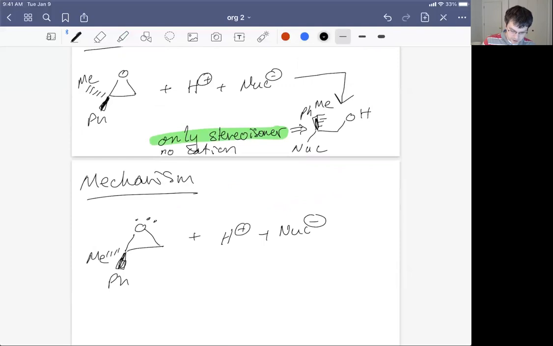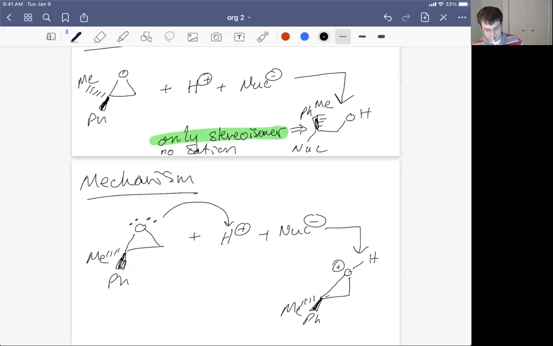Now the oxygen is going to add to the hydrogen to give us our protonated epoxide. I can draw it with a little bit of distortion. The right triangle will exaggerate, so it's not a little bit, it's a lot of distortion. So the right triangle now has this exaggerated shape, and we can have the hydrogen hanging off as a positive charge.